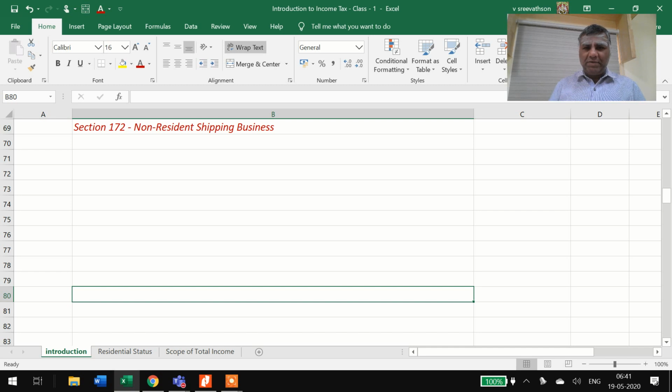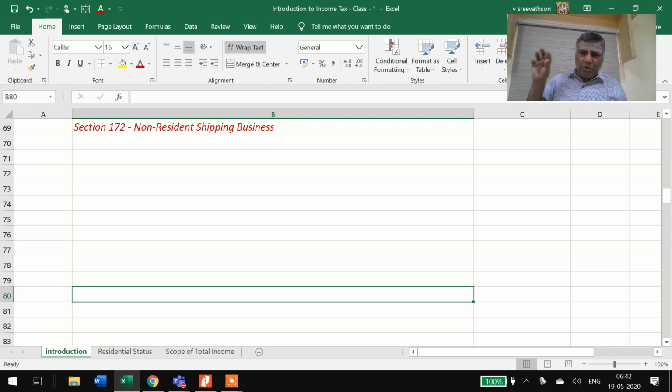Section 172, non-resident shipping business. That's where the exception starts. My dear friends, one example. Let us take the Vizag port, one of India's largest ports, Visakhapatnam.